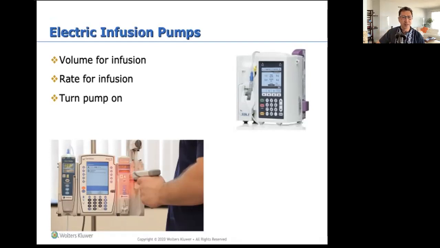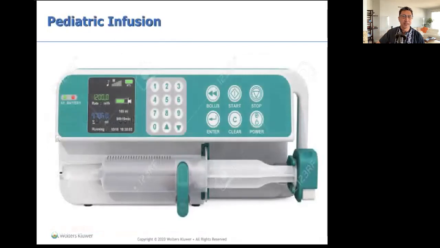Pretty cool technology that Valley Health System implemented. You will see that when you get to your clinical site. Pediatric IV pumps also exist. These are as precise as it gets because we're dealing with little babies in micro dosages.